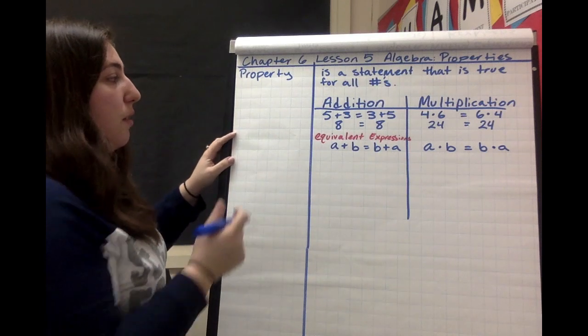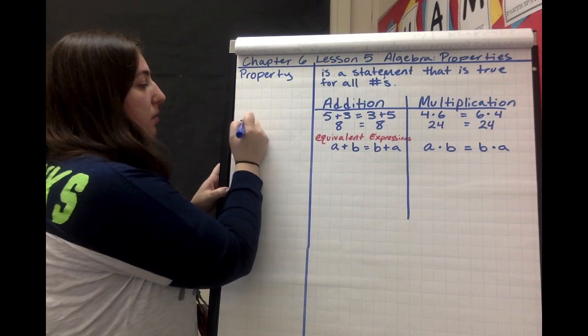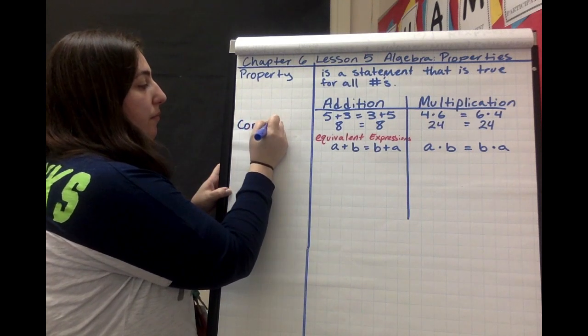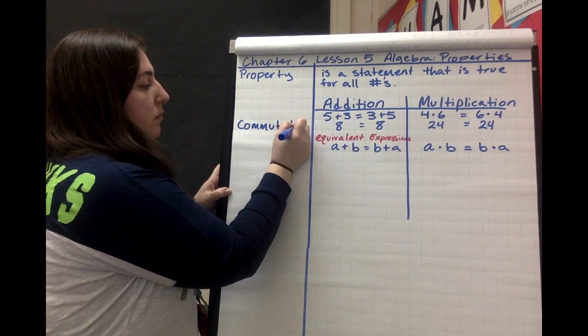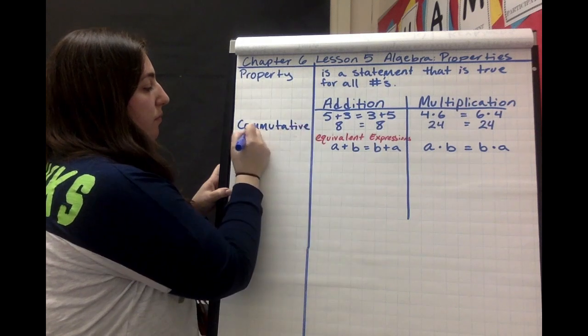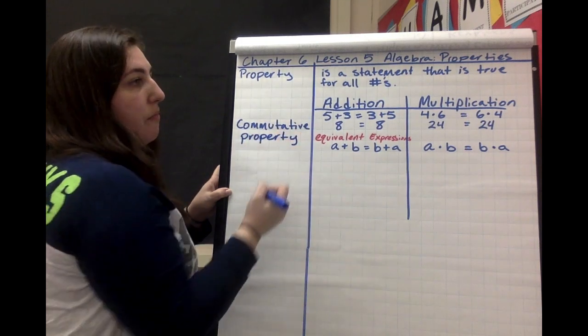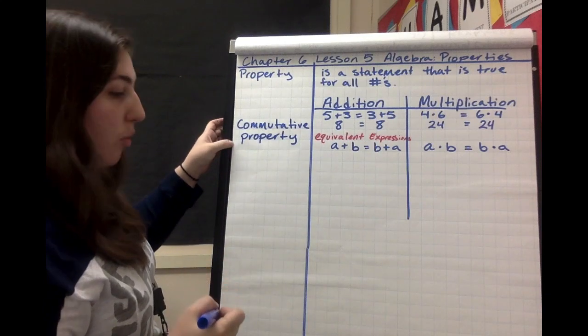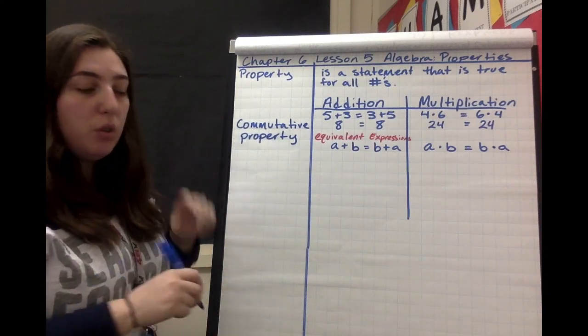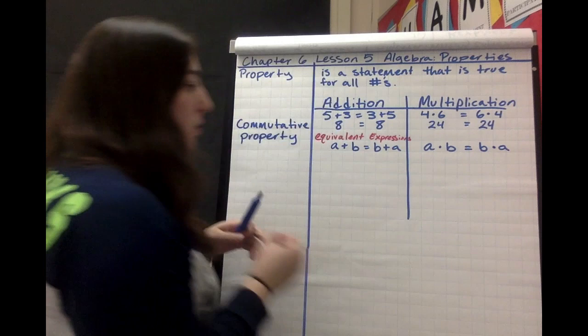That is what's called the commutative property. So order doesn't matter with the commutative property.